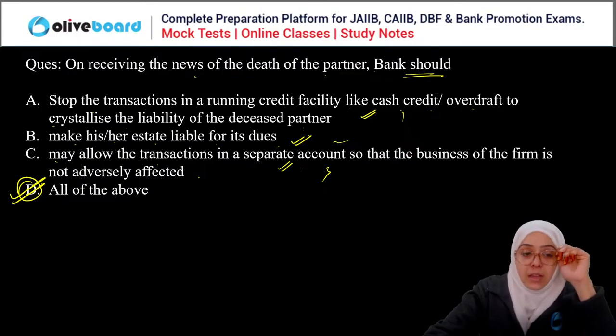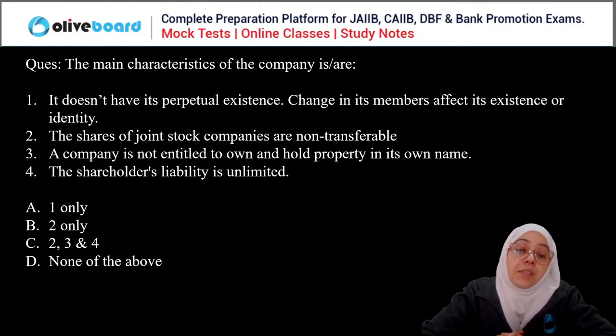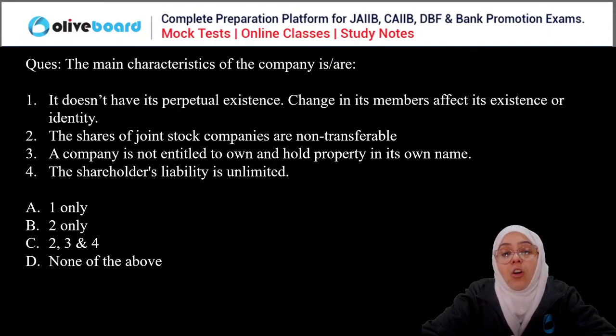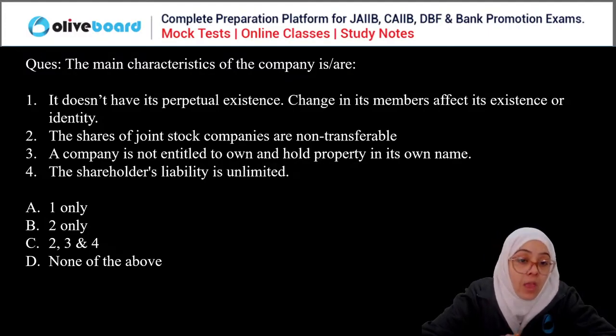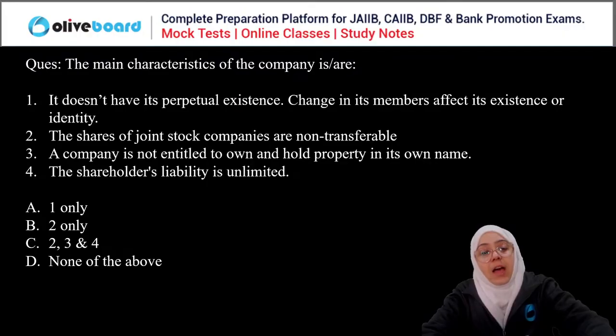Good, everyone. Next question. The main characteristic of a company is or are: it doesn't have its perpetual existence; changes in its members affect its existence or identity; the shares of a joint stock company are not transferable; a company is not entitled to own and hold property in its own name; the shareholders' liabilities are unlimited.